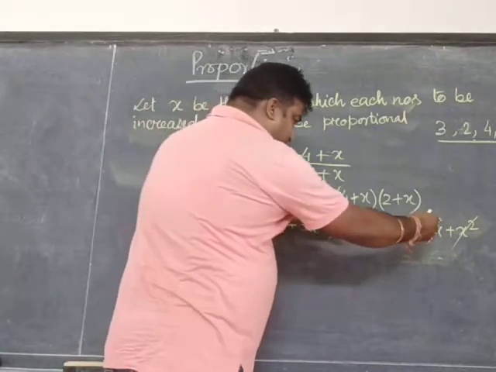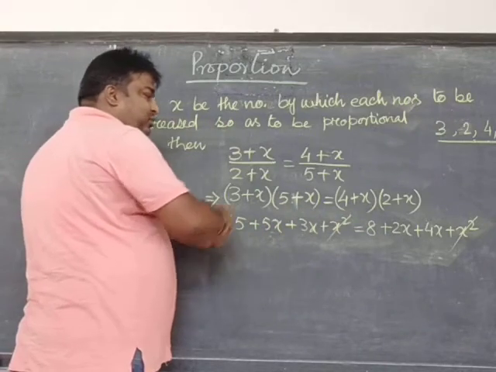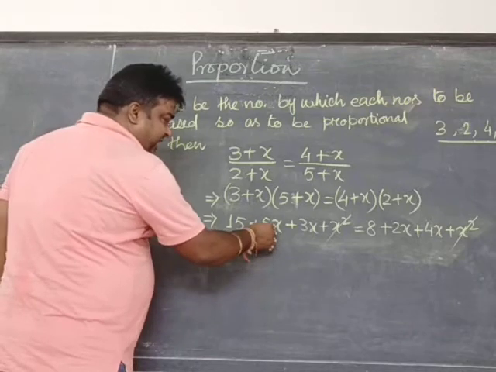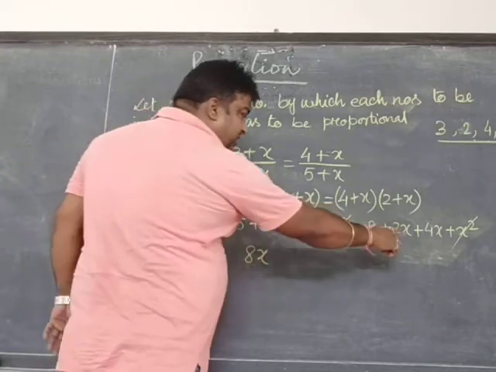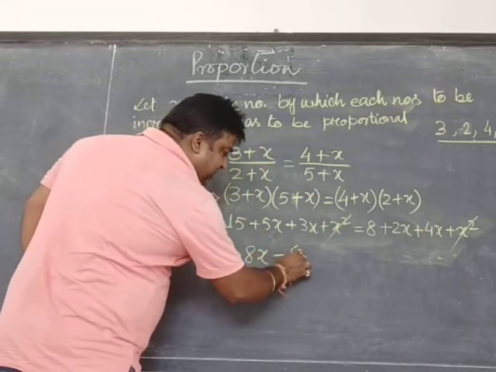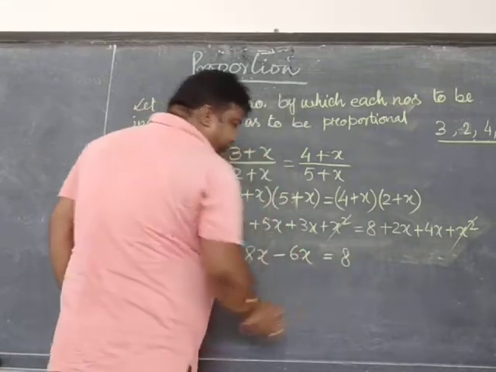Now bring all the x terms to one side, and shift the non-x terms to the other side. Here 5x plus 2x, 7x is there. From that side 3x plus 4x, 7x will come this side, so it will be minus 7x. And this side 10 is there.